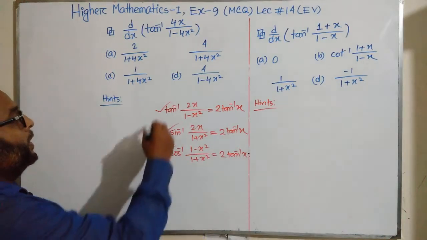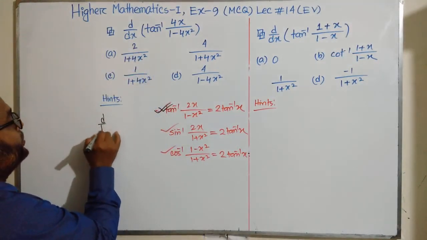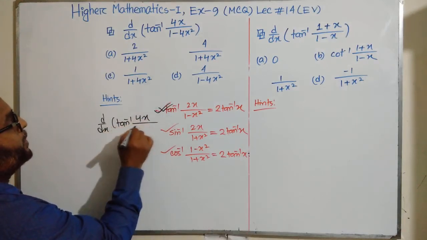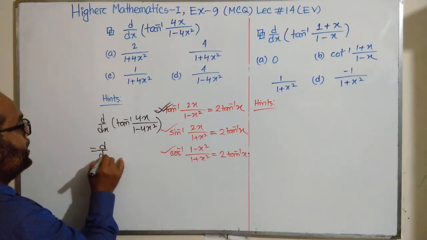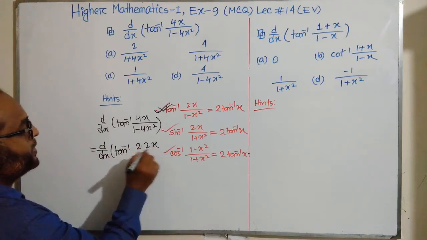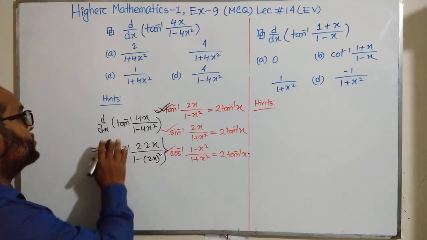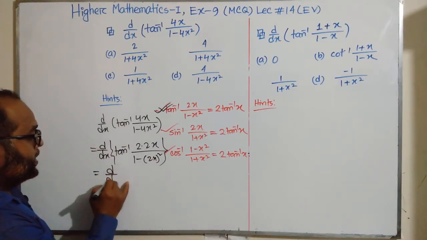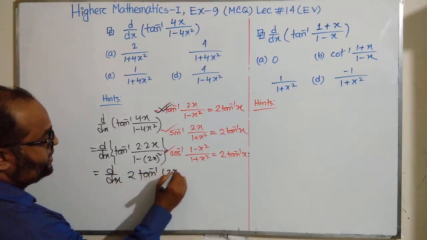Here, according to formula 1, d/dx of tan inverse of 4x divided by (1 minus 4x square), this equals d/dx of tan inverse of 2 into 2x divided by (1 minus (2x) whole square). So this equals d/dx of 2 tan inverse 2x.